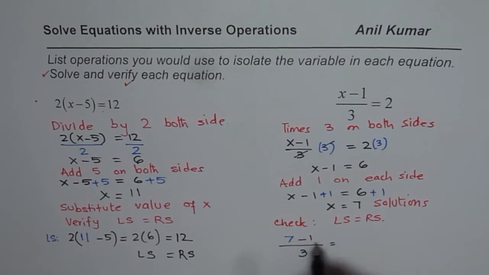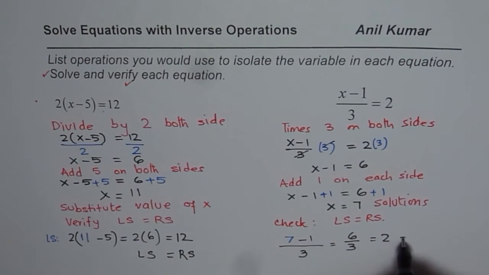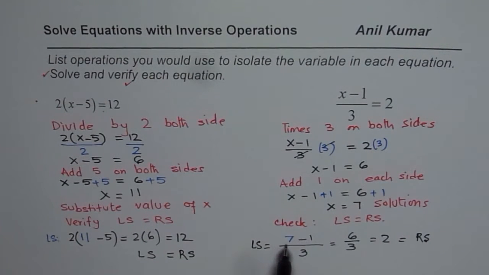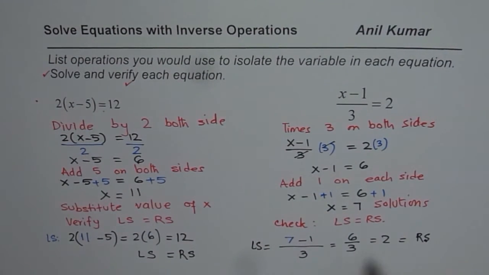So 7 minus 1 is 6. 6 divided by 3 is indeed 2, and that, as you can see, is the right side. So we started with the left side, substituted the value of x, and got the right side. That is the check. So x equals 7 is the right solution for the given equation. That is how we should be solving equations and checking them. I hope the process is absolutely clear. Thank you and all the best.